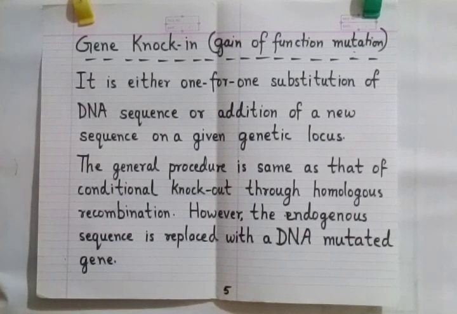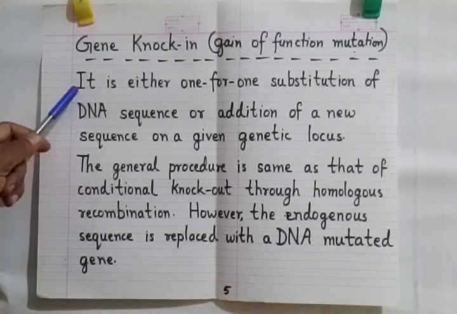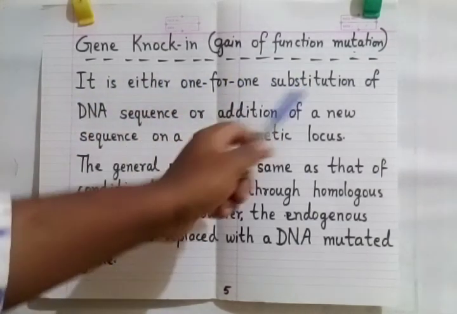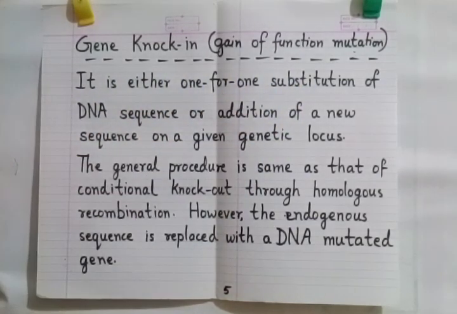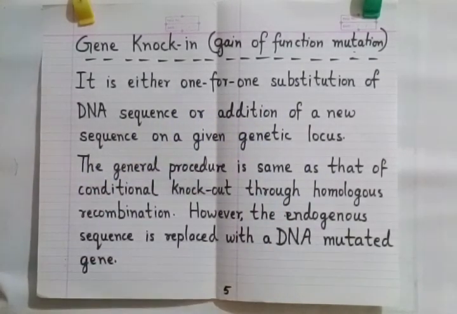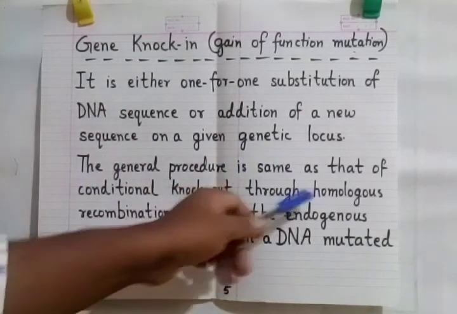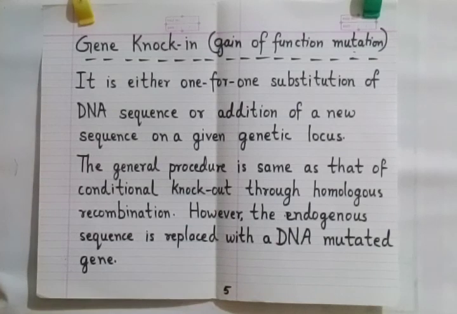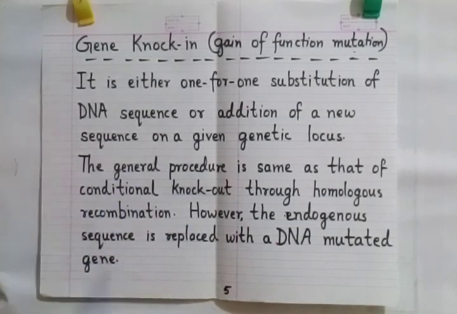Okay, so theoretically, it is either a substitution of a DNA sequence or addition of a new sequence at a given genetic locus or a given genetic position. Locus means position. The general procedure is the same as that of conditional knockout through homologous recombination.